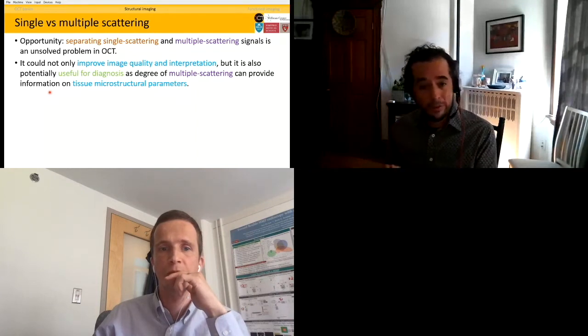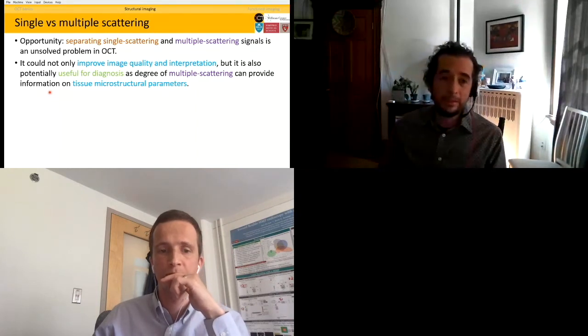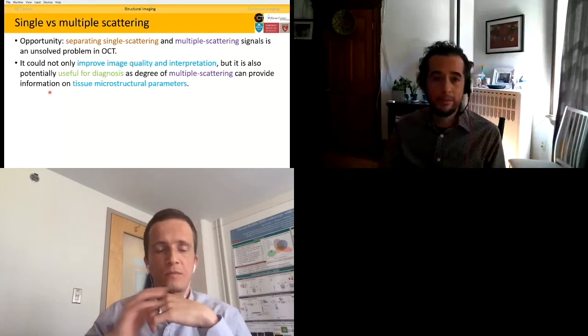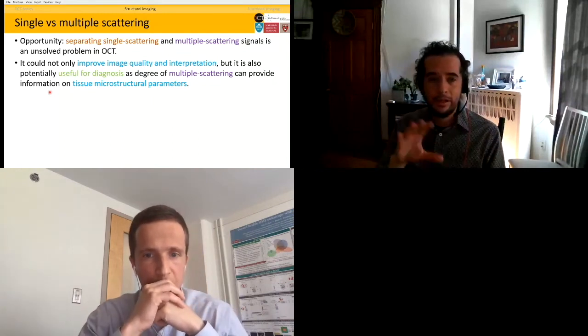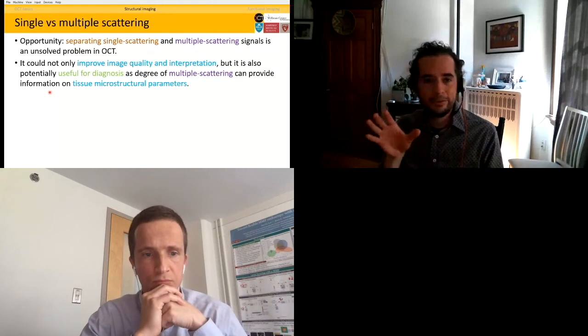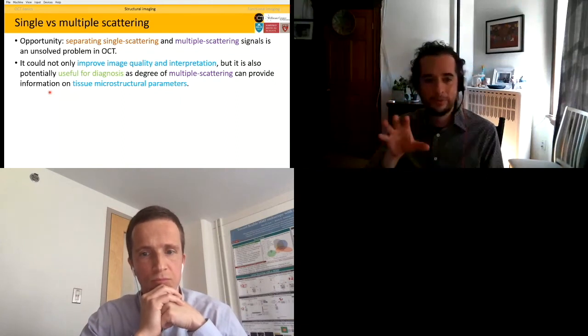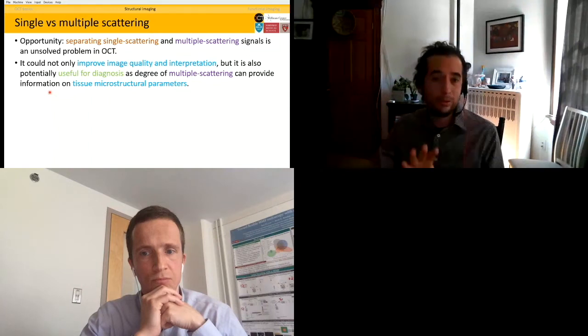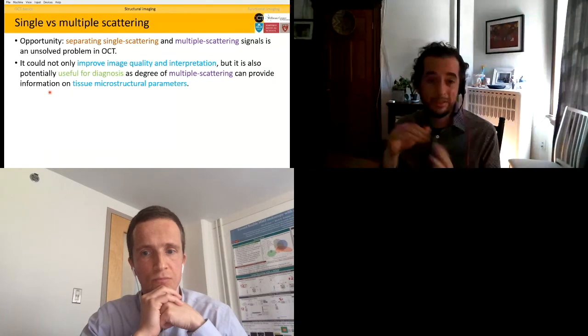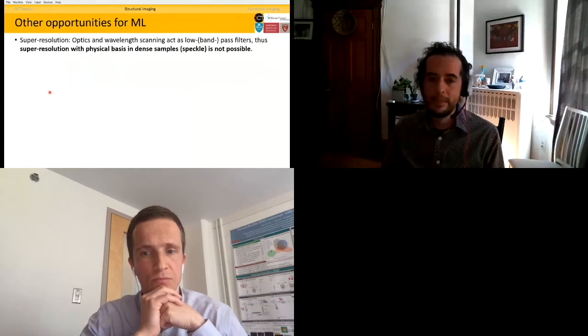But it's also useful for diagnosis because the degree of multiple scattering can provide information on microstructural parameters. So it's not only for improving the visualization of the data, but also to provide us with some information on the microstructural information that we can actually see in the image itself.